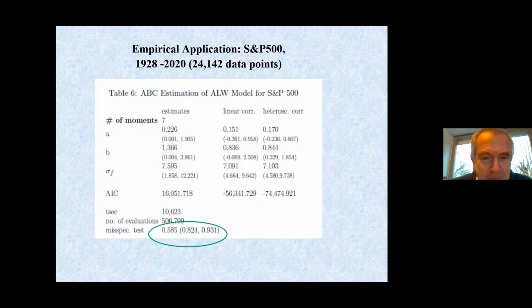The last feature here, and then I stop, you can also use this methodology in order to design a misspecification test. The misspecification test is based on this regression adjustment, because under the hypothesis that the model is correctly specified, the regression adjustment for the simulations should have the same distribution as the regression adjustment for the empirical data. So that is the regression adjustment for the empirical data.